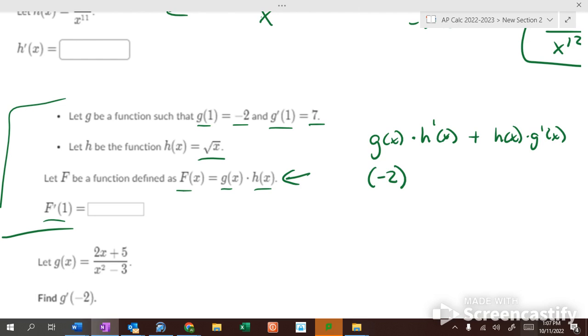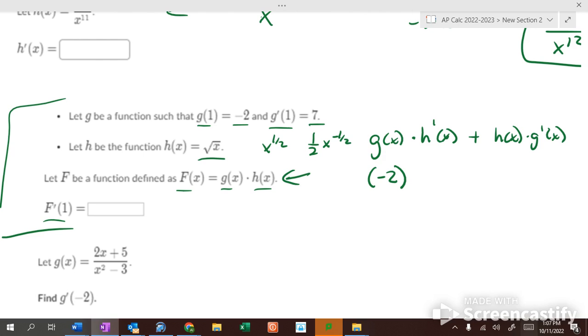h prime of x, we don't know what that is, but can we figure it out? So if this is x to the 1/2, what's the first derivative of that? 1/2 x to the negative 1/2. If we stick in a 1, what's 1 to the negative 1/2 power? Well, the square root of 1 is 1.